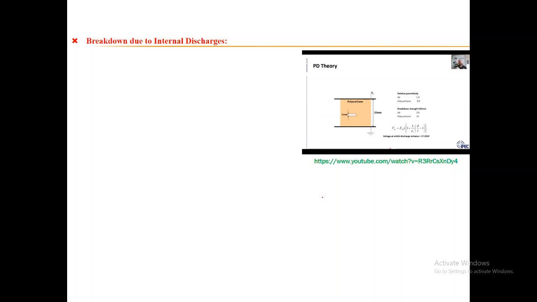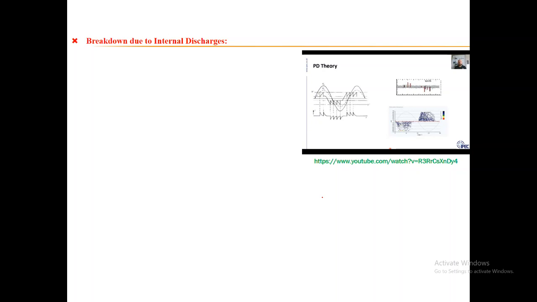Now the discharges themselves are very low in energy, but it is that repetition in that localized area over time which causes the problems. So as we said, at 17.25 kV is when there's a breakdown, and so this diagram is a little bit complicated, but if you imagine this line here as the line at which the breakdown occurs, so this is our 17.25 kV charge, if you like.